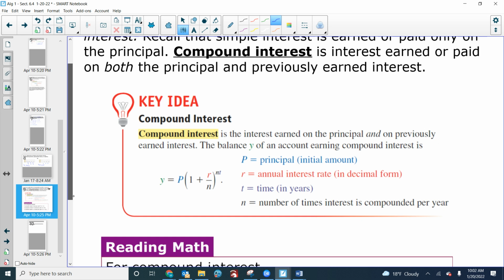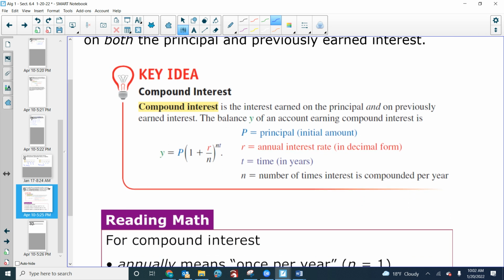All right. Now, compounding interest is kind of like what I was talking about with money. Not kind of. It is what I was talking about with money. There's only a little bit of a change here. You need to add on the amount that you got in interest. Do you guys know what interest is?